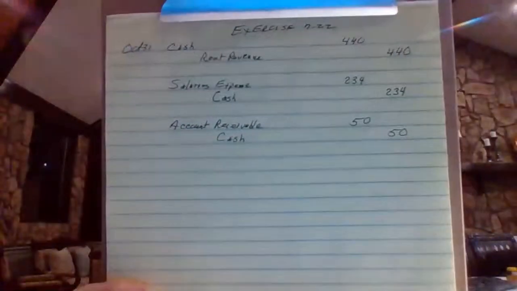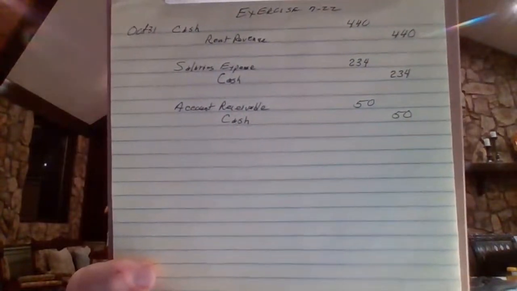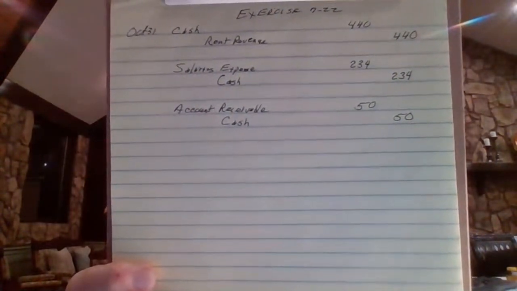So we're going to reestablish the fact that they still owe us $50 by debiting the asset account, accounts receivable, and reducing cash. Because when it came in, we did a debit to cash and a credit to accounts receivable. All we're doing is reversing that entry that we made when we got the check because we thought the check was good. The check turned out to be no good. So you got to reinstate the fact that they still owe us $50 and that we have $50 less in our cash account.